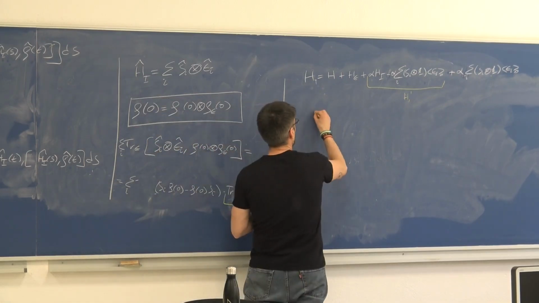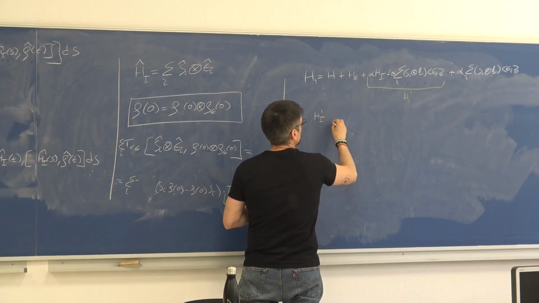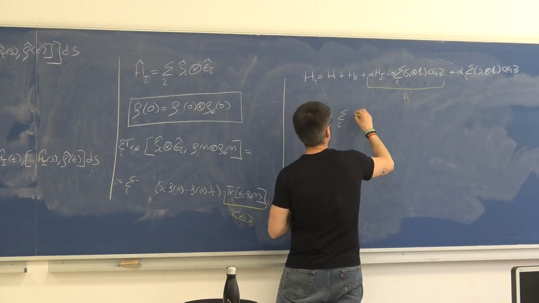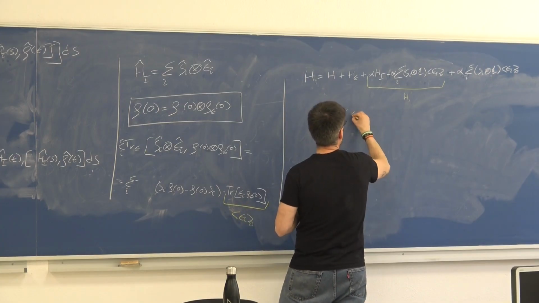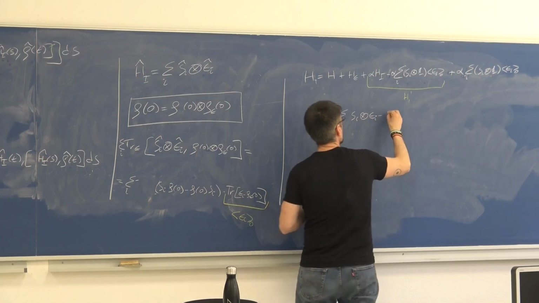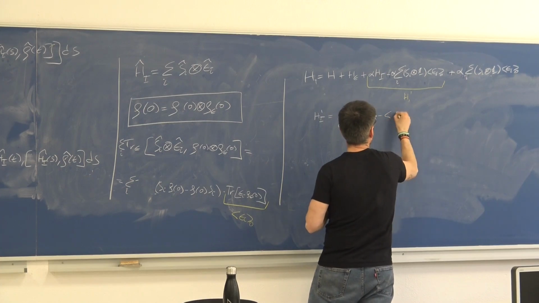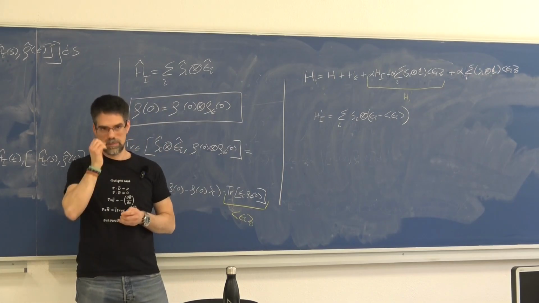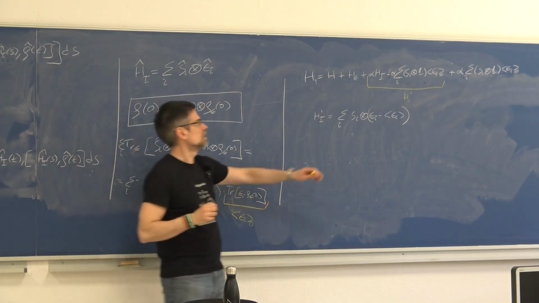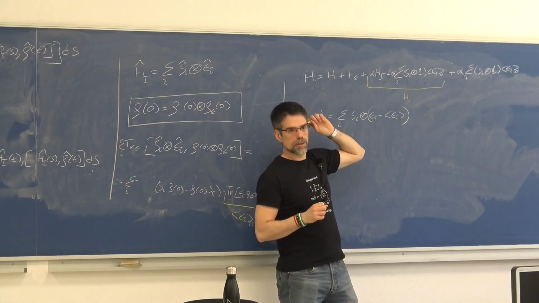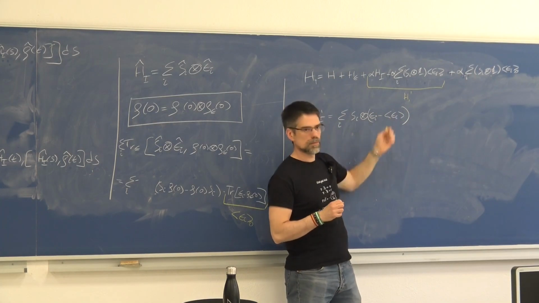For this H_I prime, you can write it this way: you take this S_i as a common factor and you get the E_i from the interaction Hamiltonian minus the identity with these expectation values.